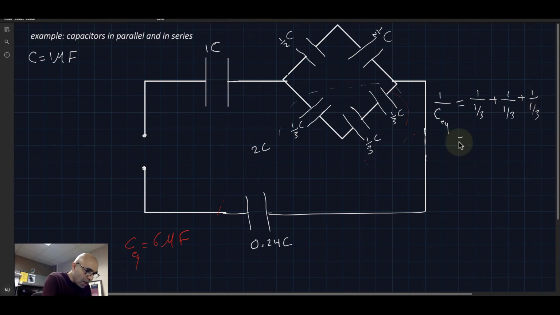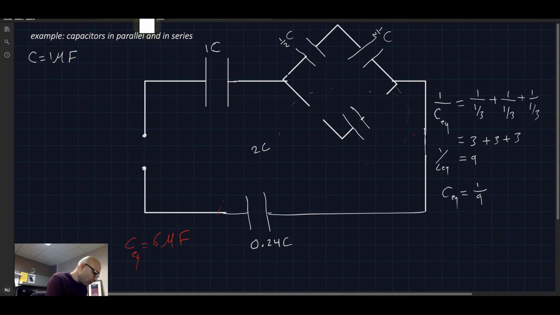Okay, and 1/(1/3) is 3, so this is 3 plus 3 plus 3, and this is 9. So that's 1/C equivalent. So C equivalent will be equal to 1/9. Okay, so I'm going to delete all of that here. I end up with only 1/9 C.